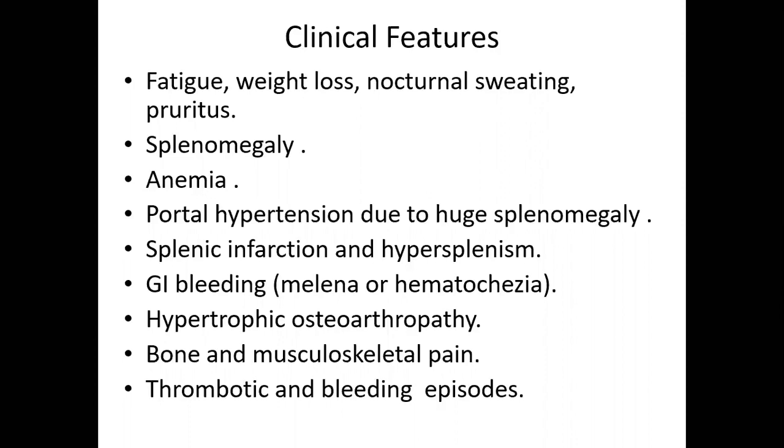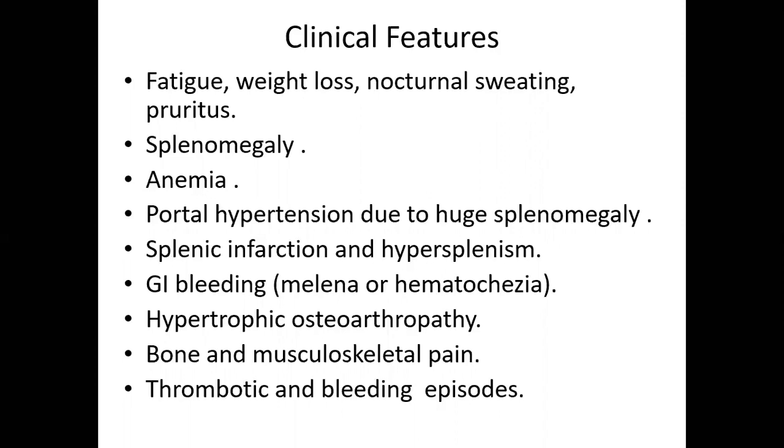The spleen will start to increase in size and may reach a huge size. There is anemia due to bone marrow failure and also hypersplenism. Patients with a huge splenomegaly may develop portal hypertension. Also, these patients may have splenic infarctions and hypersplenism.